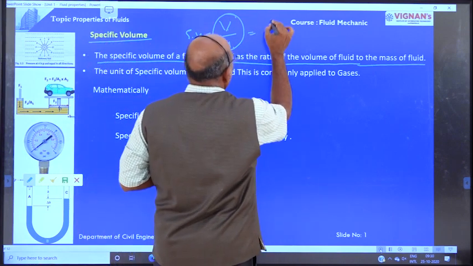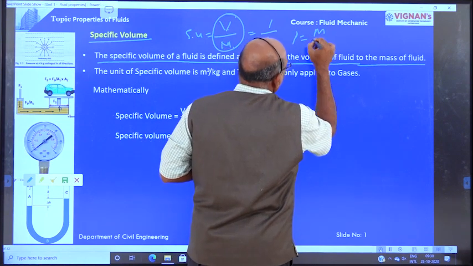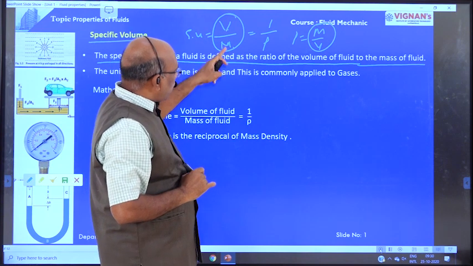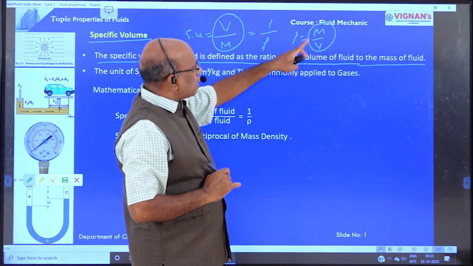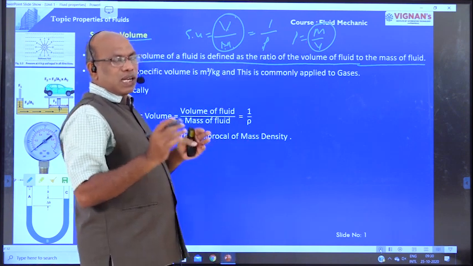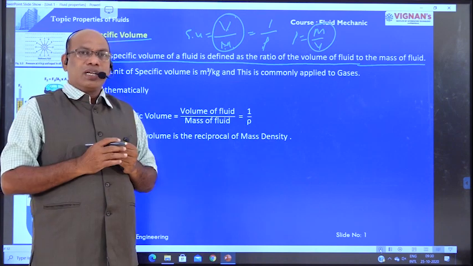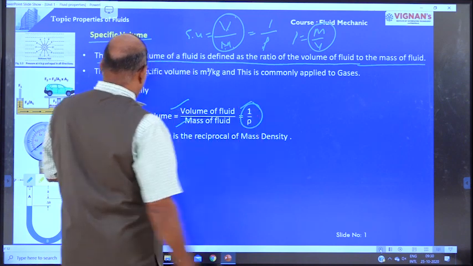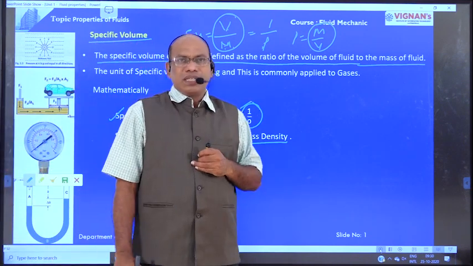Therefore, this is equal to 1 by rho. Rho equal to mass by volume. Specific volume is also nothing but 1 by rho. Right? This is the relation between the specific volume and the density or mass density. The specific volume is the reciprocal of the mass density. Right?